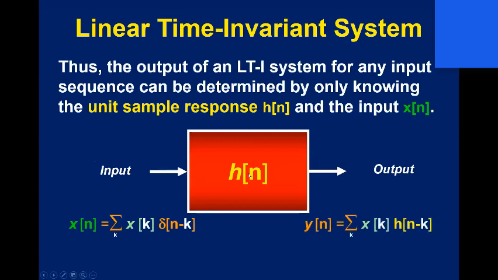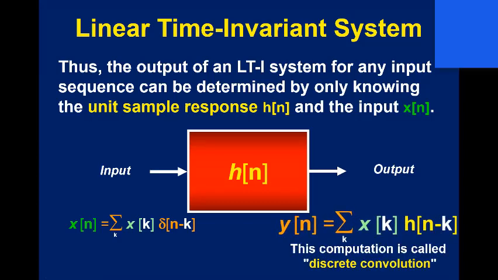So if you know h of n, the unit sample response, and you have a relaxed system, we can compute the output, y of n, for any input signal, x sub n, using this convolution formulation. And that is the sum that we call the discrete convolution.